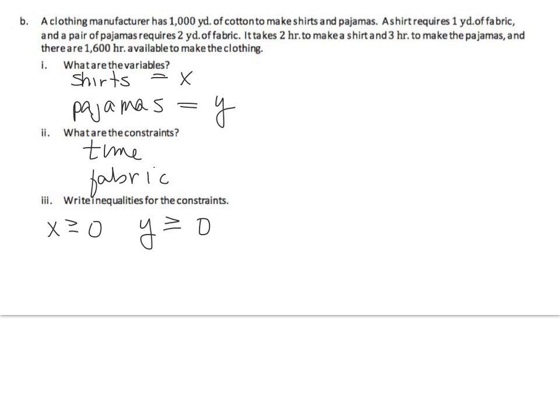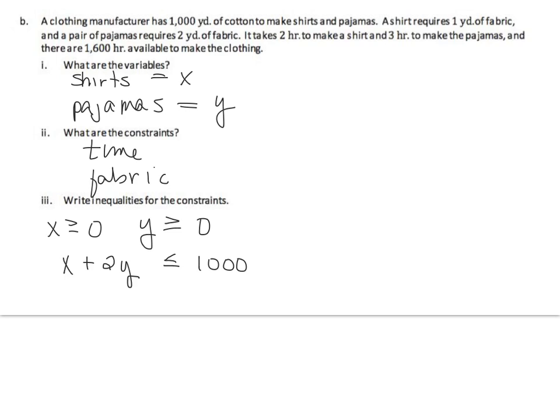I know that a shirt requires 1 yard of fabric and a pair of pajamas requires 2 yards of fabric, and the amount of fabric you use has to be less than or equal to the total amount of fabric you have. Okay, that's the material constraint, the fabric constraint.